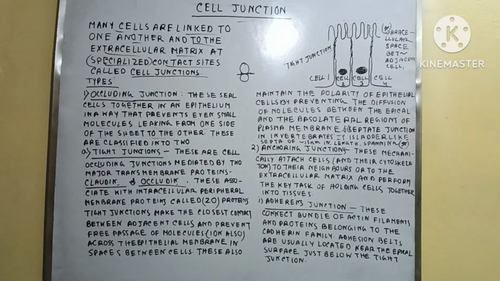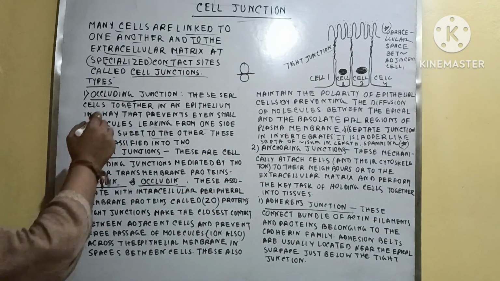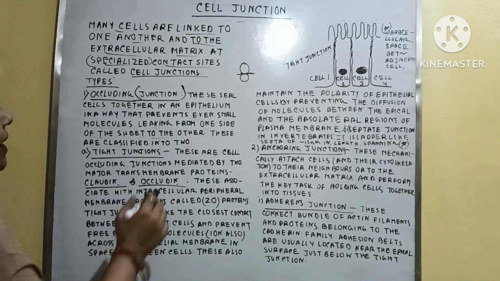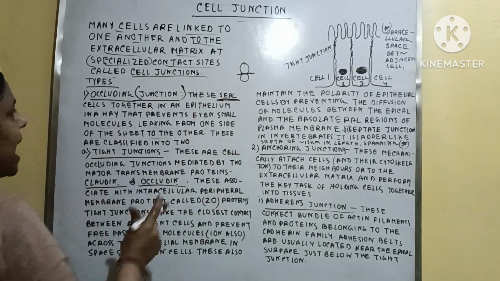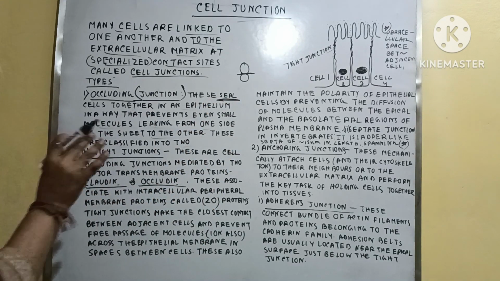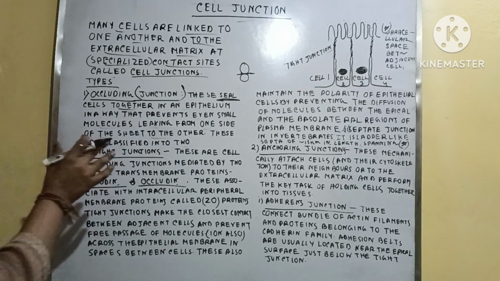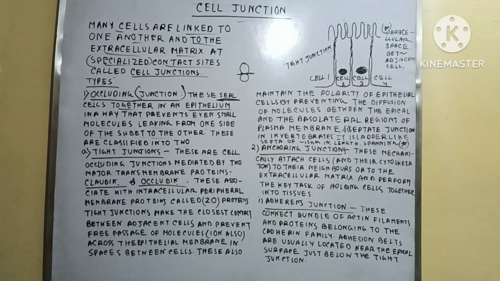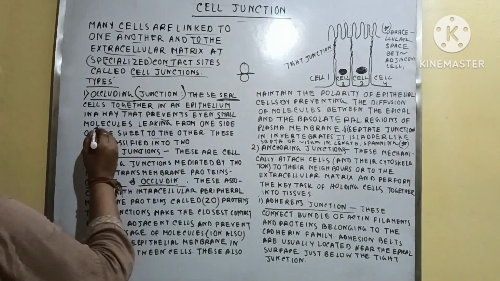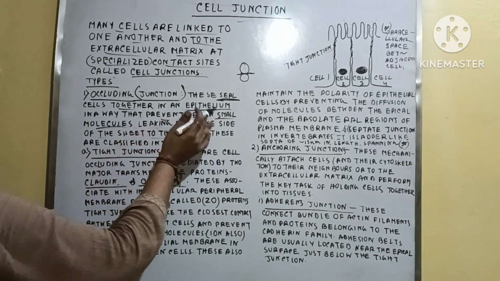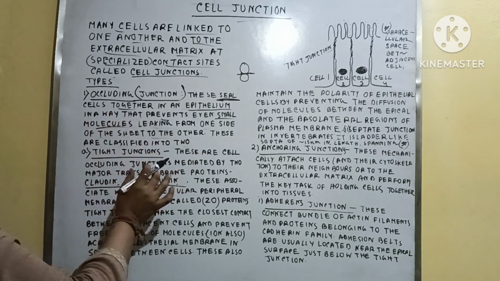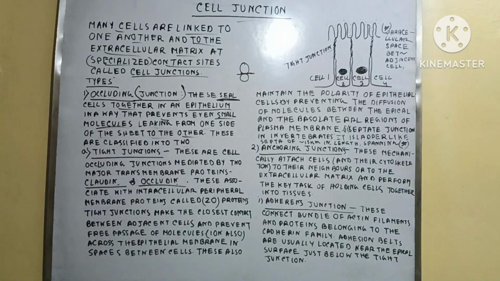The occluding junction is the region where two cells are sealed together, occurring in the epithelial membrane. And what is the actual role of this junction? It prevents small molecules from leaking from one side of the membrane to the other. Clear?